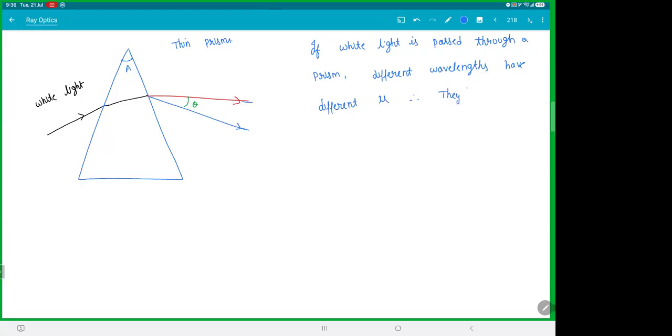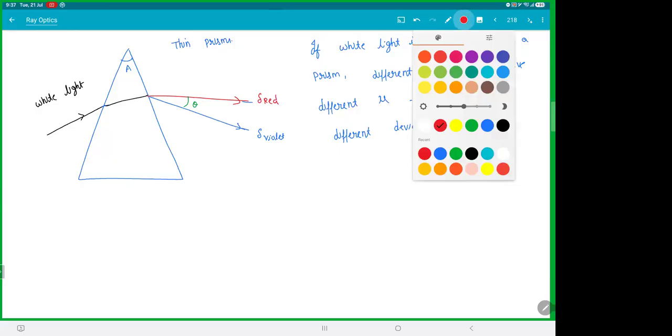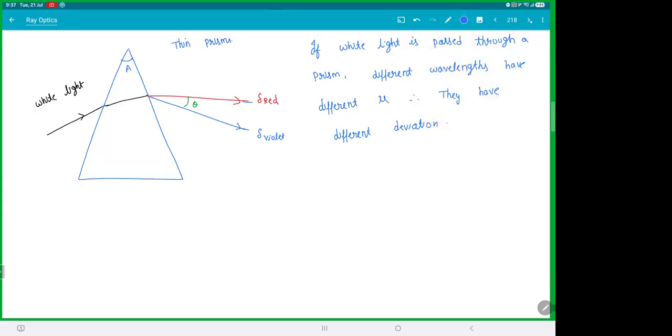So all the light rays will deviate by different angles. So red will deviate the least and blue will deviate the maximum. So this is delta violet and this is delta red. This theta here we define is called dispersive angle.